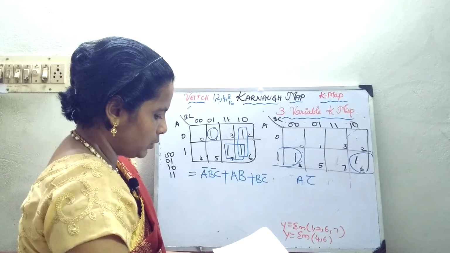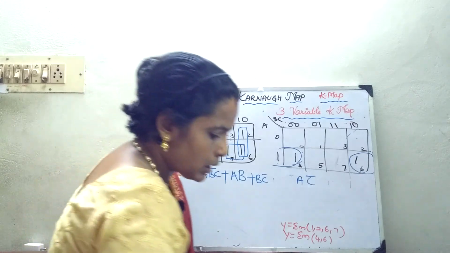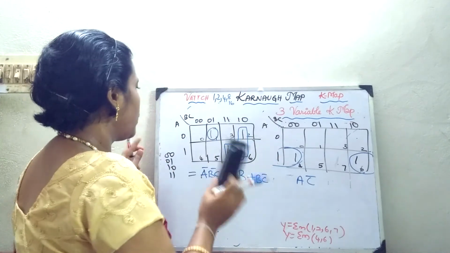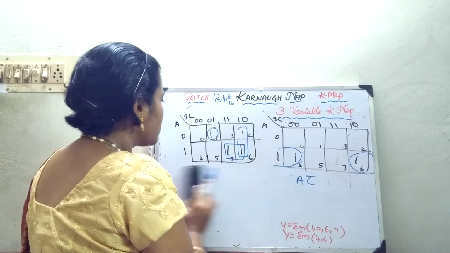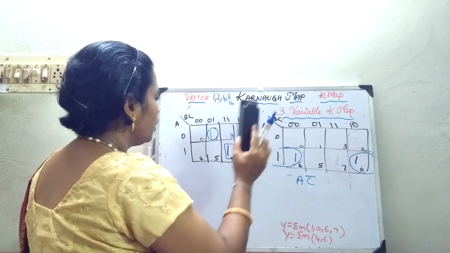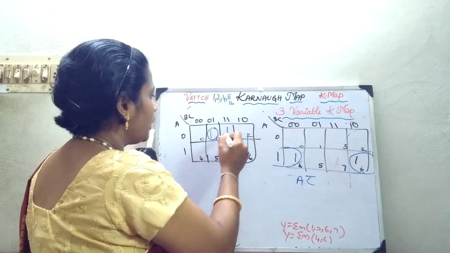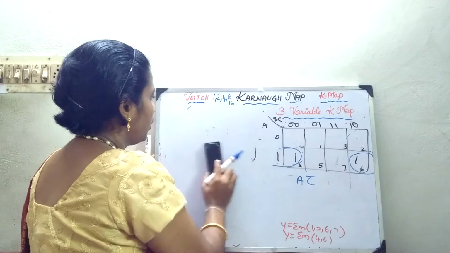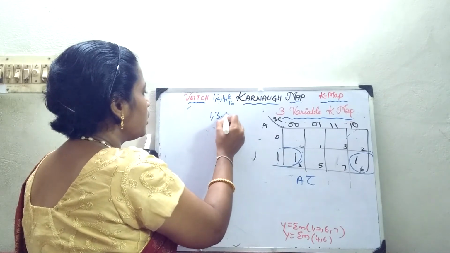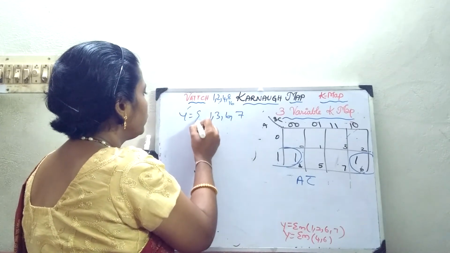0 1 3 6 7. Suppose we will see one more problem. This problem is over. In this itself, I will make a modification: 1 3 6 7. Let us take this condition 1 3 6 7.